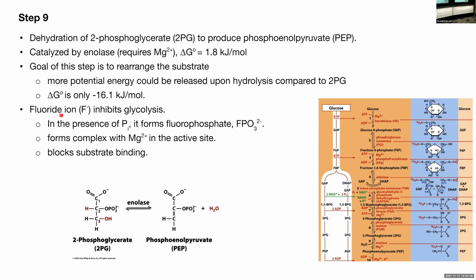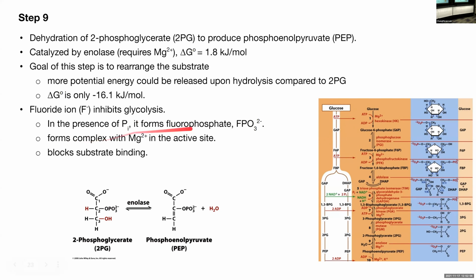And fluoride ions can inhibit glycolysis because in the presence of inorganic phosphate, the fluoride ion forms this fluorophosphate ion. And that means it gets rid of the inorganic phosphate that is involved in generating ATP from ADP.